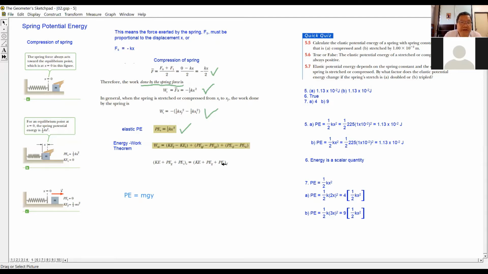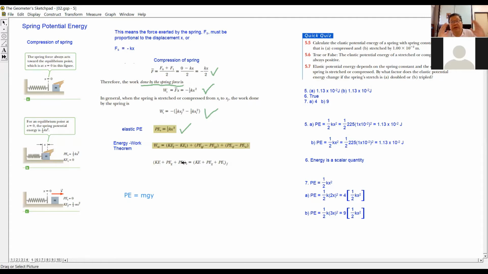This conservation of energy, if we rewrite this equation, you see the small i here denotes the initial kinetic energy, initial gravitational potential energy, plus the initial potential energy in the spring.